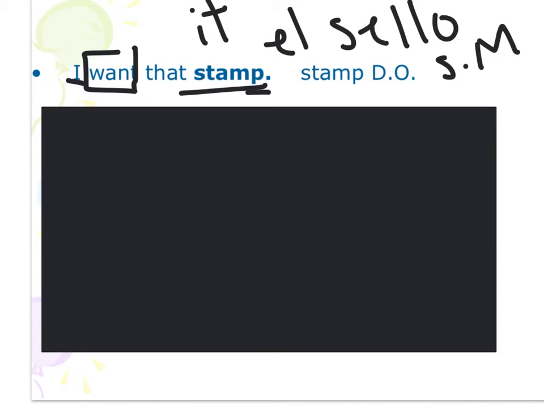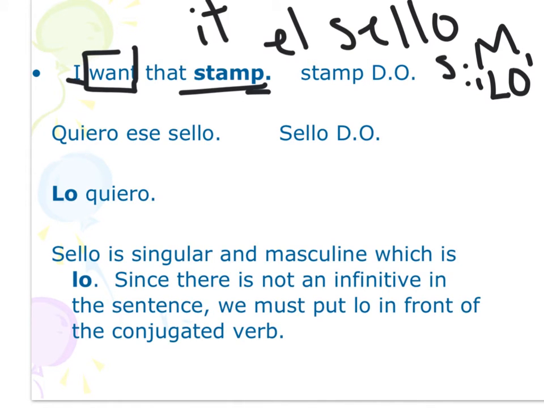So our direct object pronoun that is singular and masculine in Spanish is what? It is lo. So we're going to replace stamp with the word lo. I want that stamp translates to quiero ese sello. Now we know that we're going to get rid of sello and change it to lo. We know that our direct object pronouns either go before our conjugated verb, which we have here.